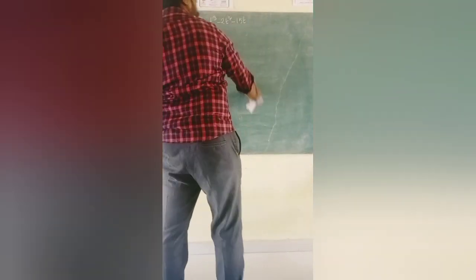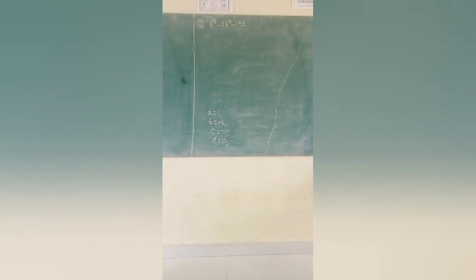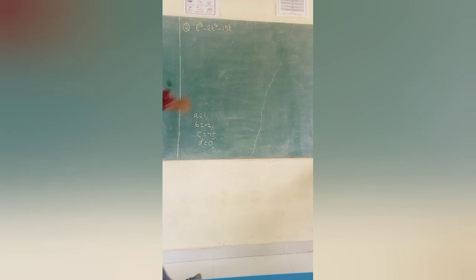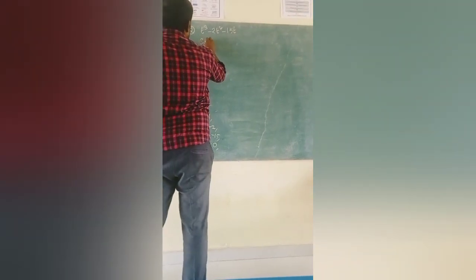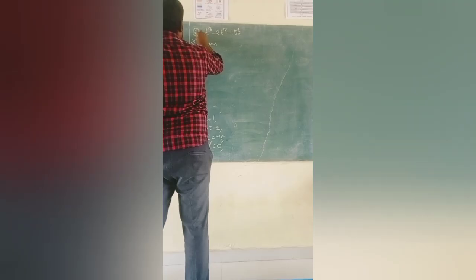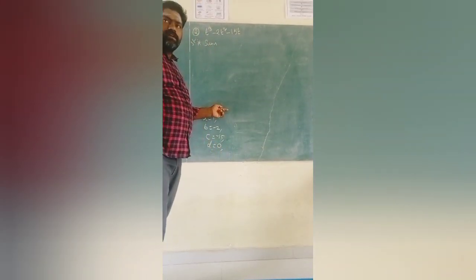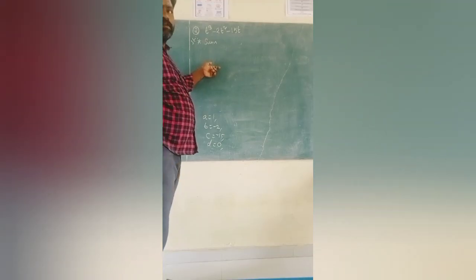So next, step number 2. Sum of the zeros is step number 1.